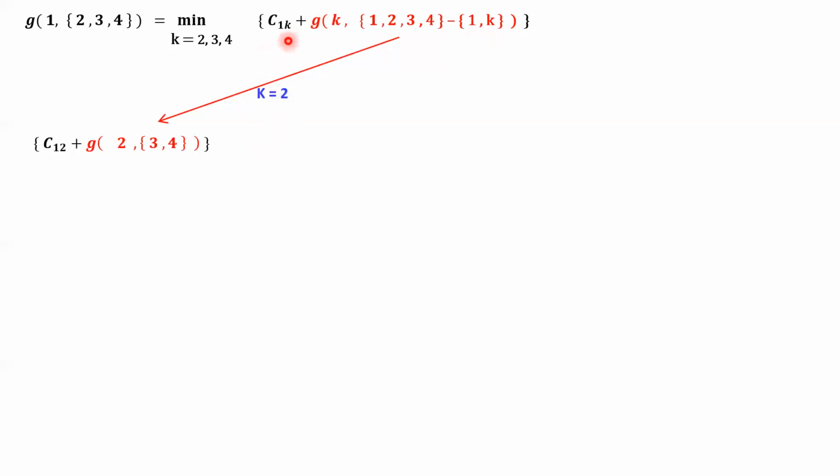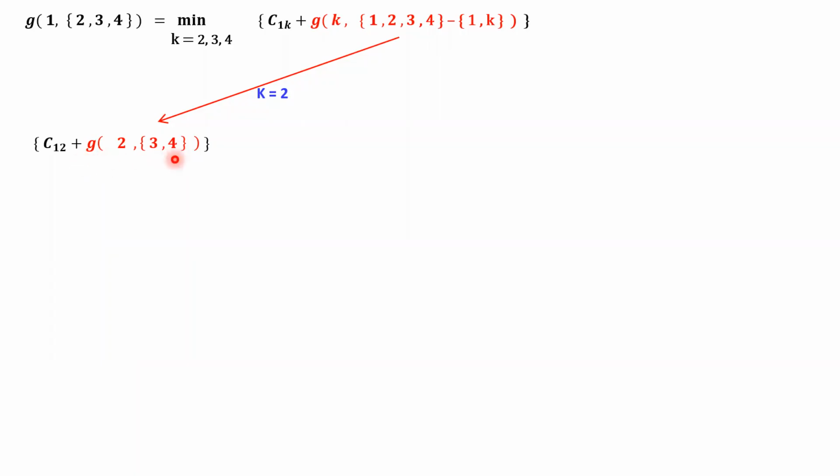So C1k is becoming C12 plus g of k is equal to 2. Here k is there. This is 2. Then 1, 2, 3, 4 minus 1 comma k. K is 2. So 1, 2, 3, 4 minus 1 comma 2. That gives you 3, 4.